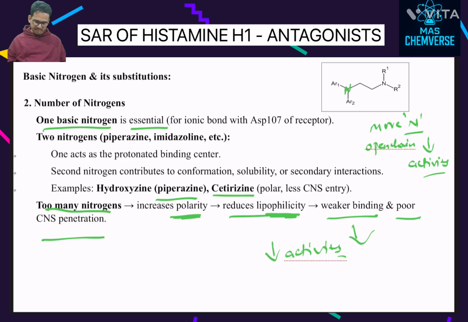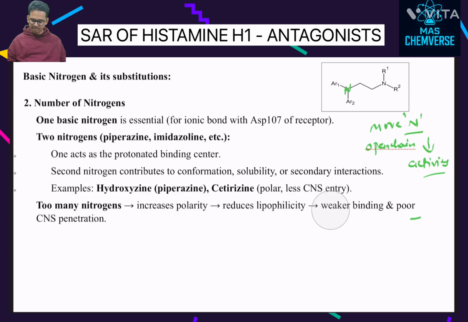But even with less penetration into the central nervous system, if it is in the form of a cyclic structure, then the activity is going to increase. Why does it increase? Because there will be conformational restriction. That is the reason.